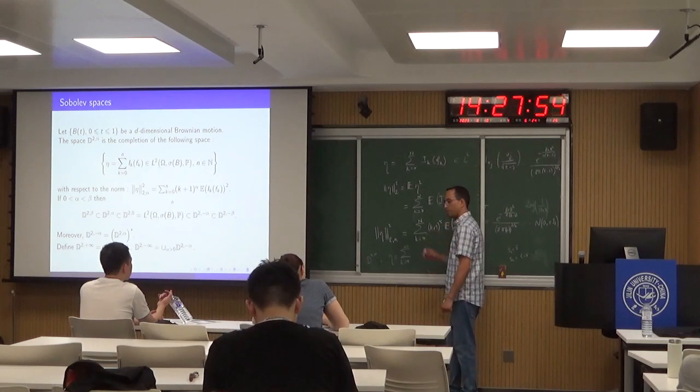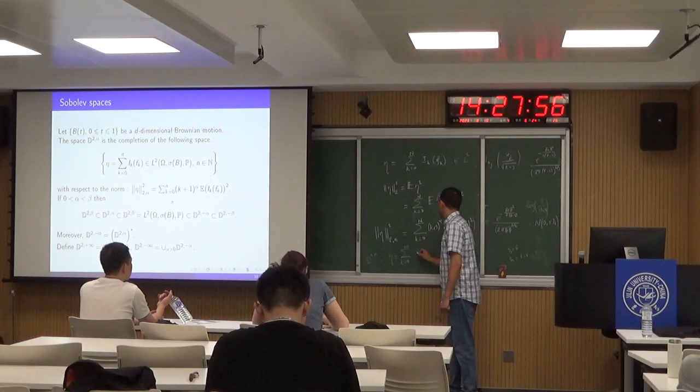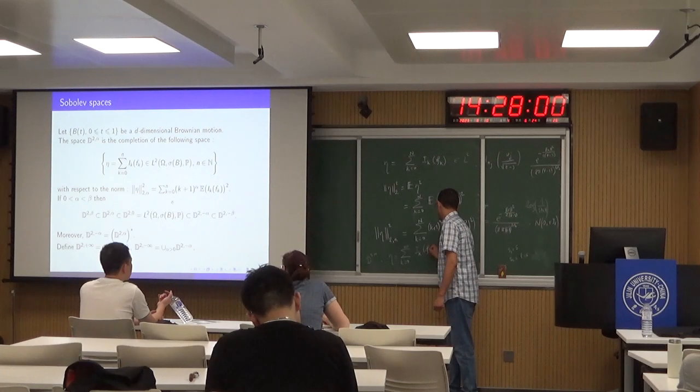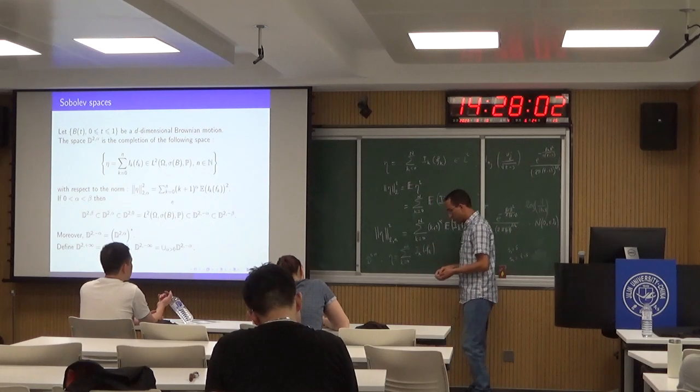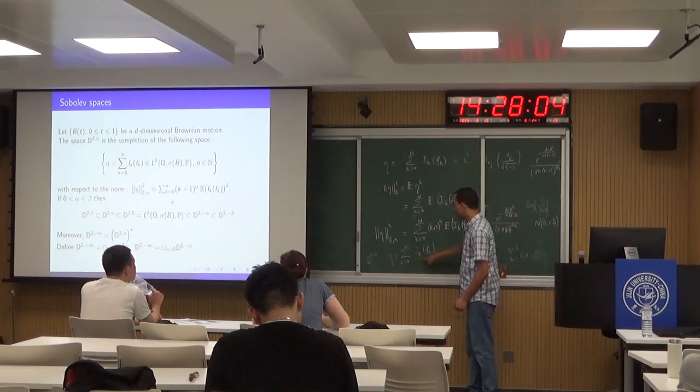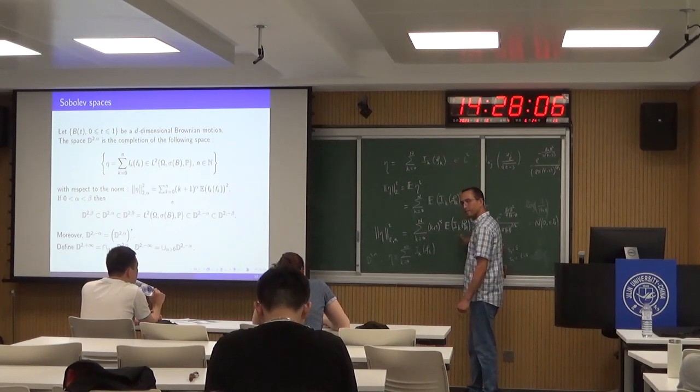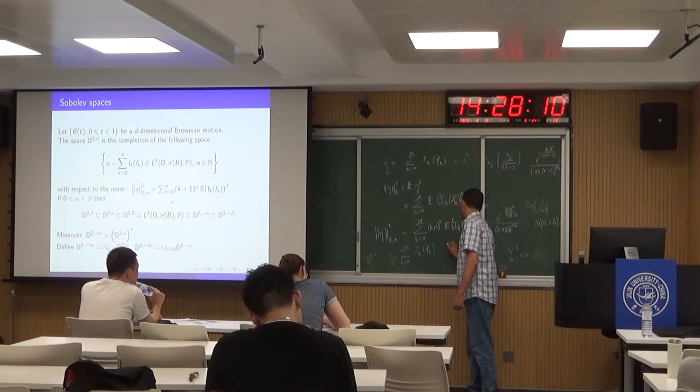It may stop at any level. But it does not converge in L2, it converges in this sense, such that the series of k plus 1 to the power alpha times the norm squared is finite.